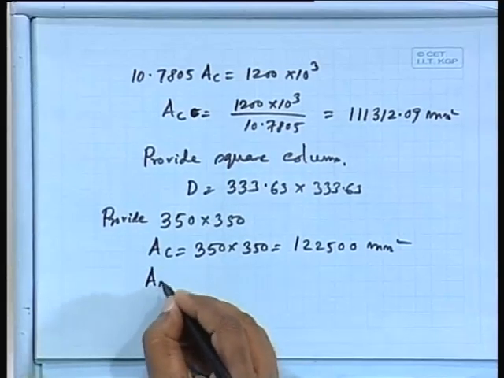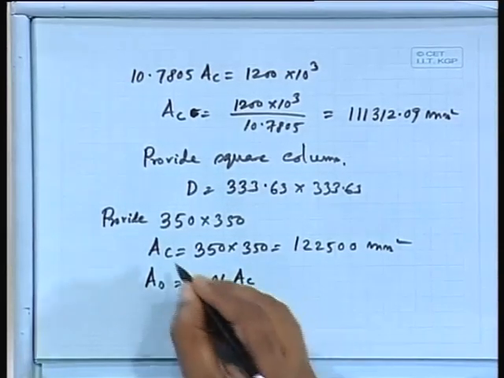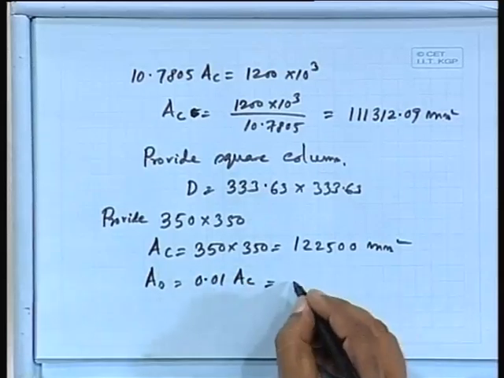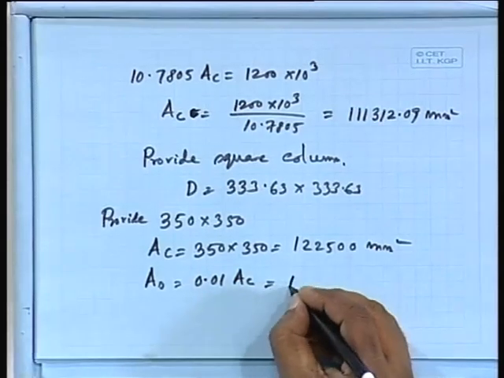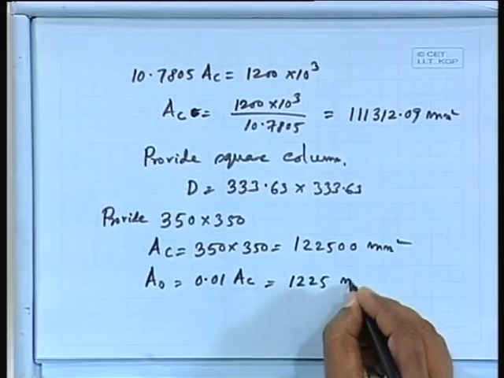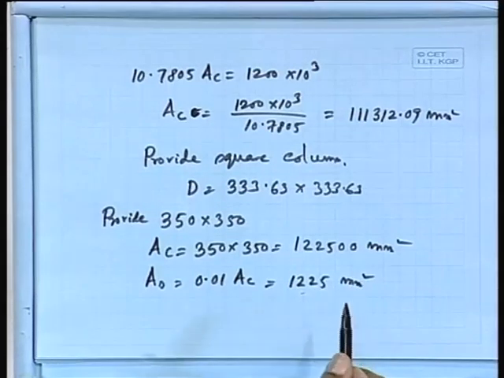AS equals 0.01 times AC, because we are providing this one. So 0.01 times AC is 1225 square millimeter. So AS equals 1225 square millimeter.